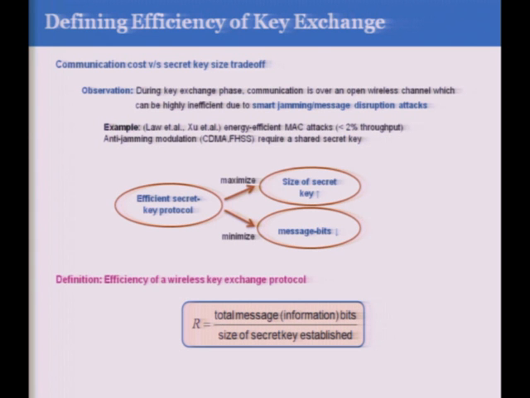So the observation from here is that an efficient key exchange protocol must not only try to maximize the size of the secret key, but it must also try to minimize the amount of message bits that you would need to exchange to generate the key.